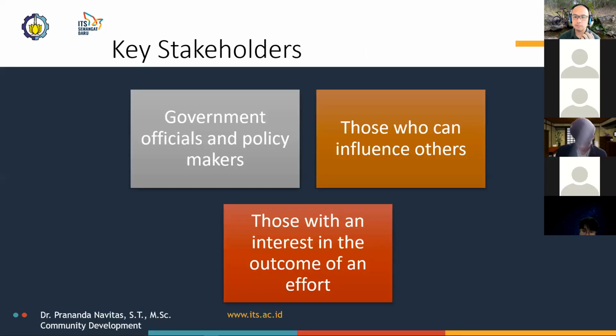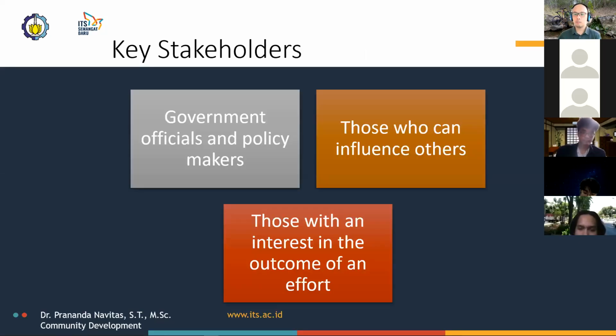And then finally, we have the key stakeholders, which consist of government officials and policymakers, influencers, or those who can influence others, and anyone interested in the outcome of an effort.